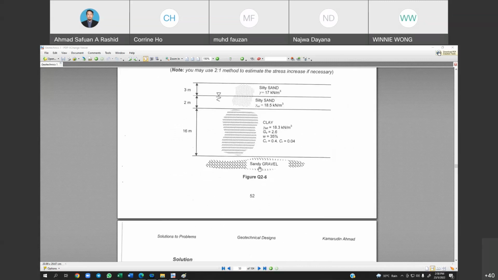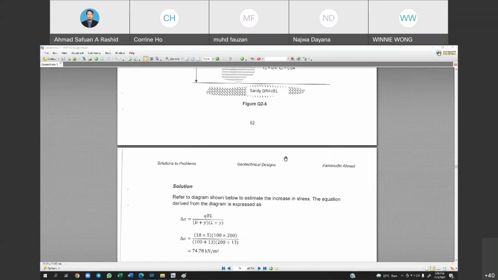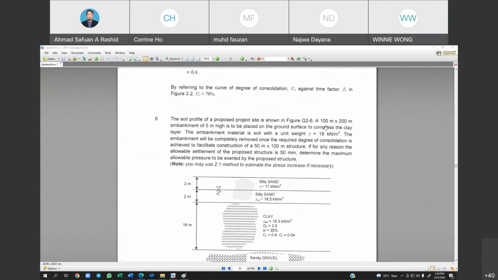So this is the soil layer: silty sand, clay and sandy gravel. So refer to the diagram shown below to estimate the increase in stress. The equation derived from the diagram is expressed as QBL. So this is the standard equation. The size of the embankment is 100 times 200.